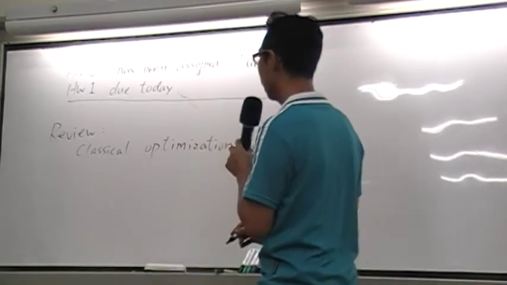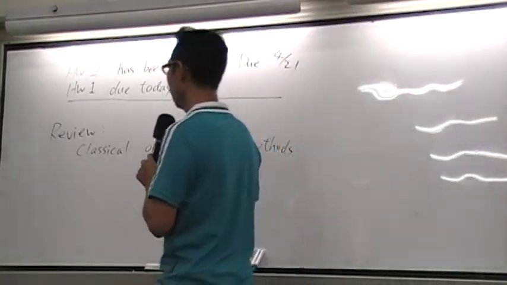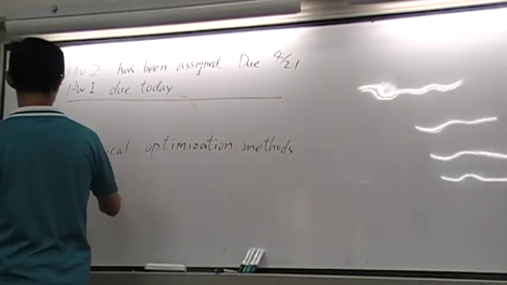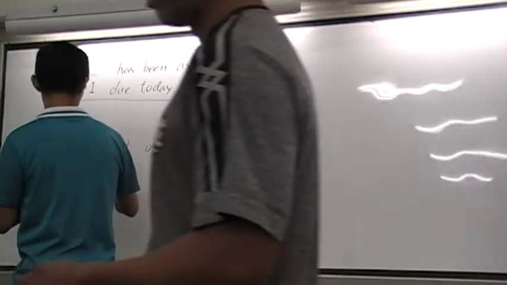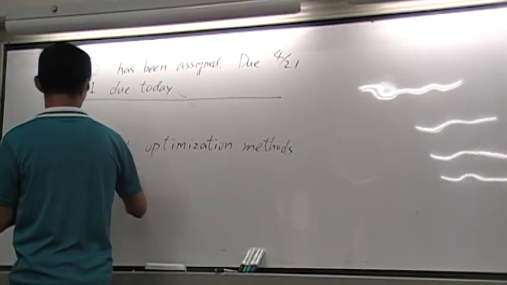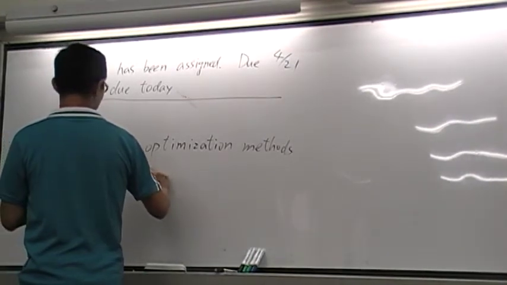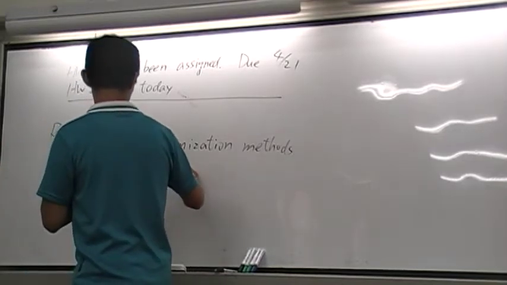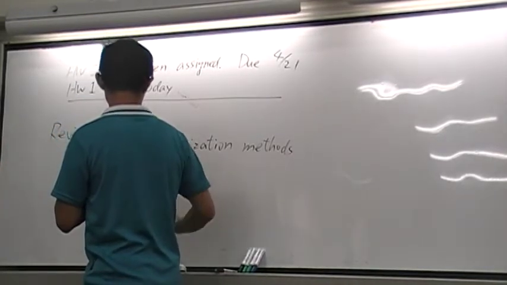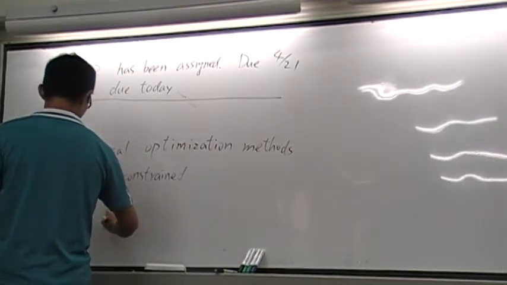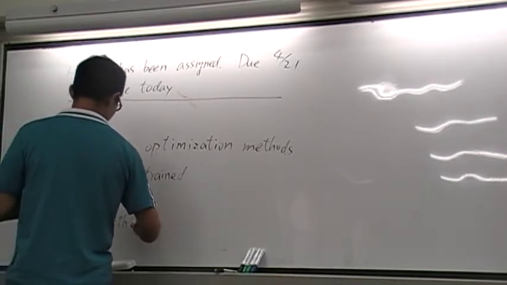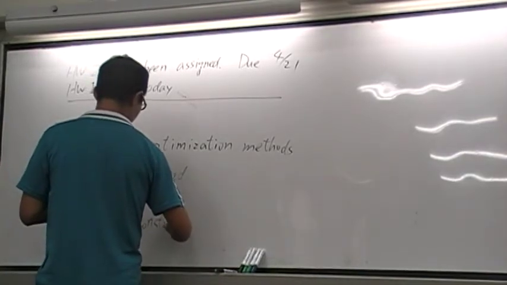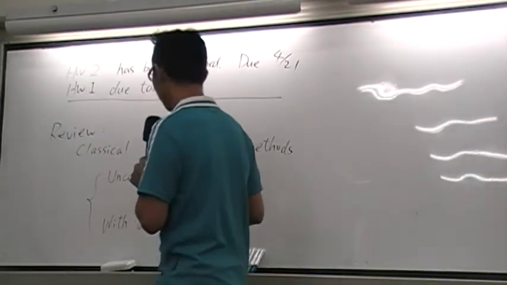Okay, so we have learned classical optimization methods. And basically there are two categories. One, without constraints, okay, and then with constraints. Right, so we have learned the two things.